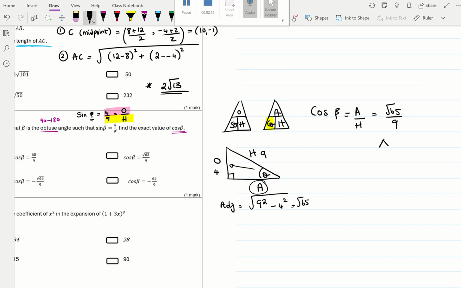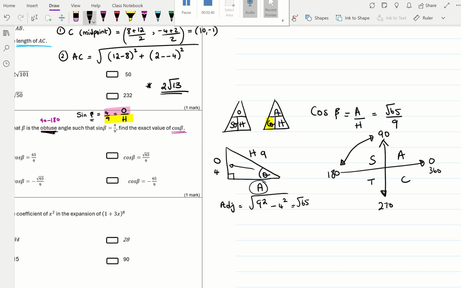For that, you need the diagram that you should know. It's not on your formula sheet, ASTC. This is 0 to 90, 90 to 180, 180 to 270, and then back to 360. So between 90 and 180, which is the obtuse angle, only sine is positive.